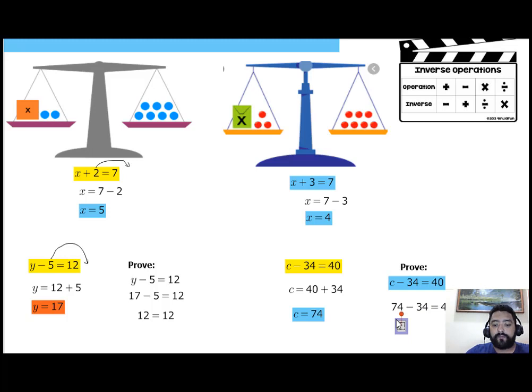Then we have 40 equal to 40. And we know that the value for c is 74. Why? Because when we prove, we keep the equality. So remember, it's so important to apply the inverse operation. This is negative; we convert it into the other side as a positive number.